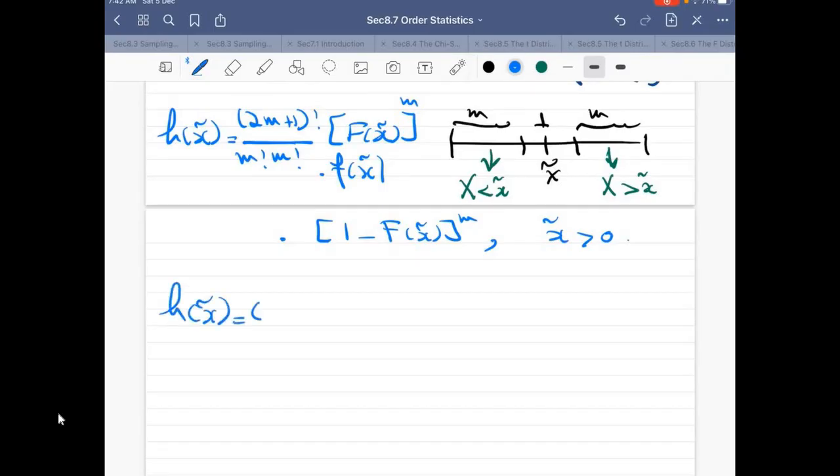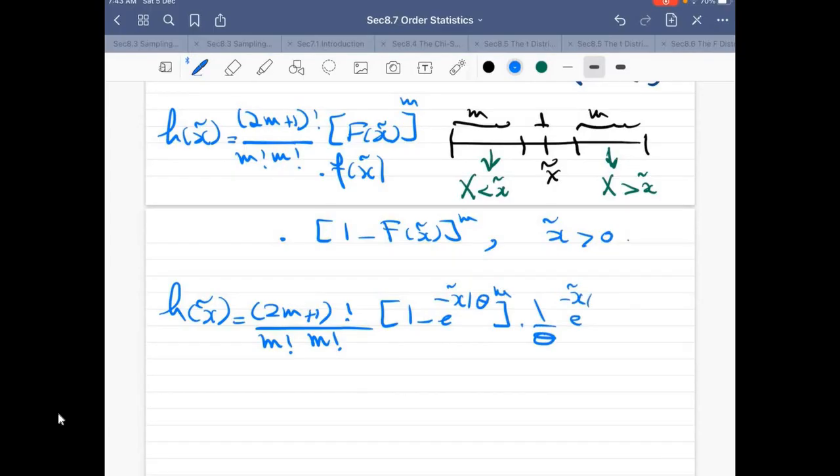Okay, we substitute. I have 2m plus 1 factorial divided by m factorial into m factorial. Its CDF is 1 minus e power minus x delta over theta power m. The density is 1 over theta e power minus x delta over theta.